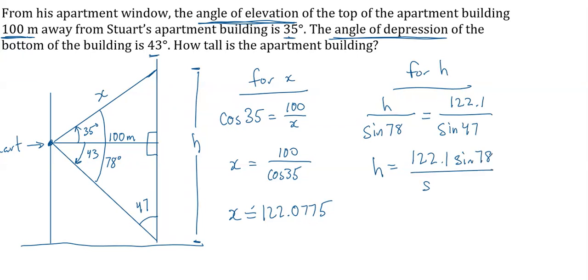Now, I've still got that 122.0074589 stored on my calculator, so I'm just going to go answer times sine 78, close bracket, divided by sine 47. And I got 163.3 meters.